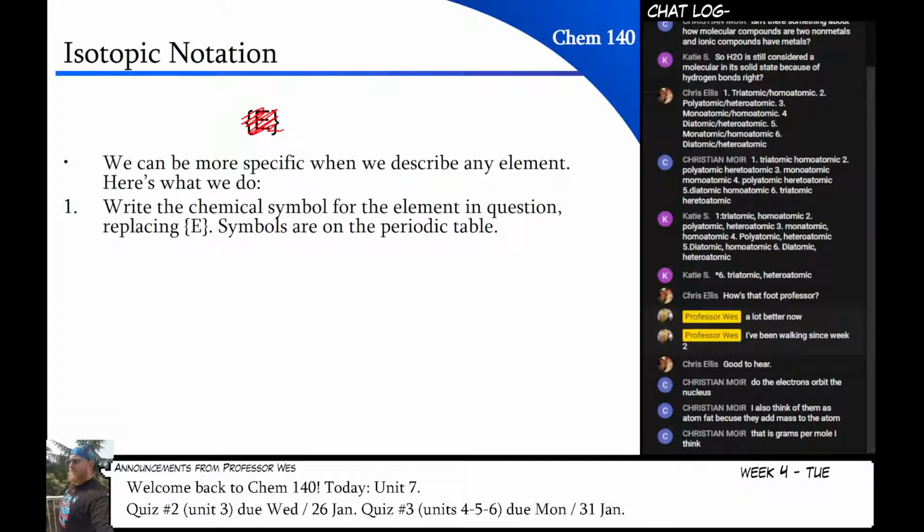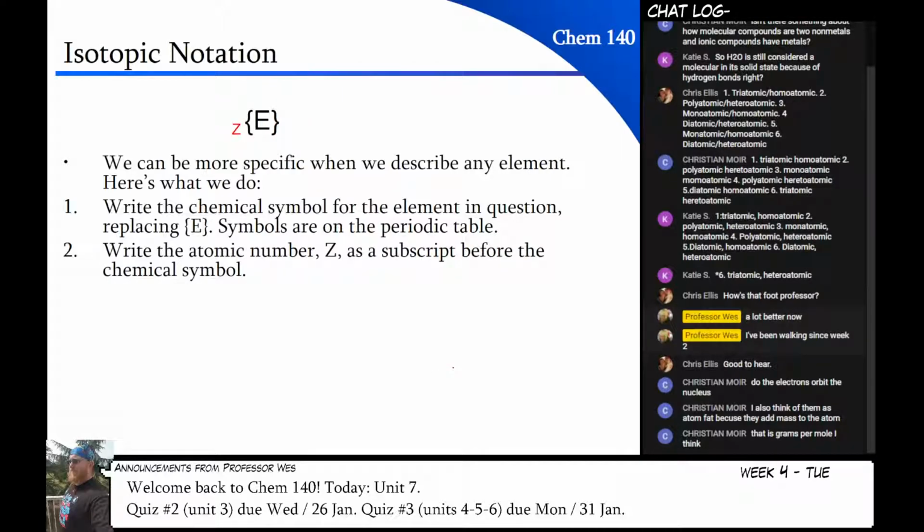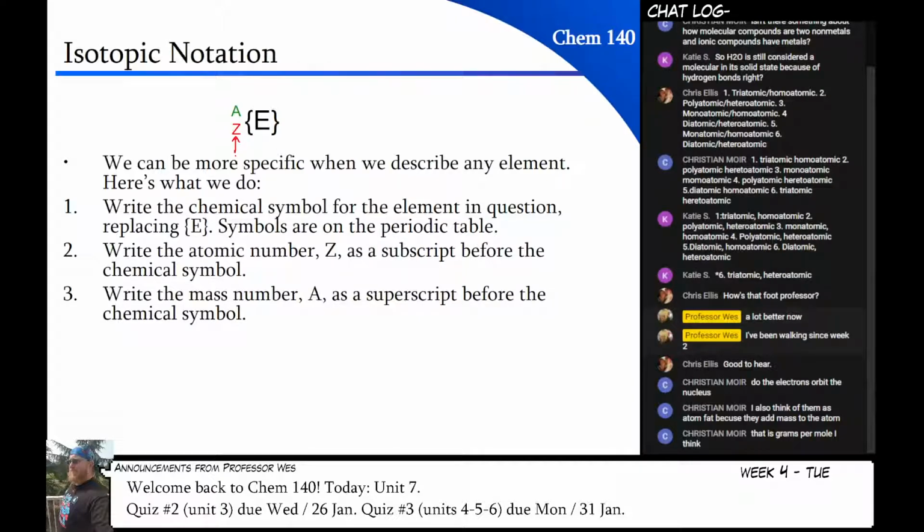Once you have written down the actual symbol, the next thing that you're going to do is, as a subscript in front of the elemental symbol you wrote, you're going to write the atomic number. That's going to be the number of protons. As a superscript before this symbol, you're going to write the mass number, which is the number of protons plus neutrons.